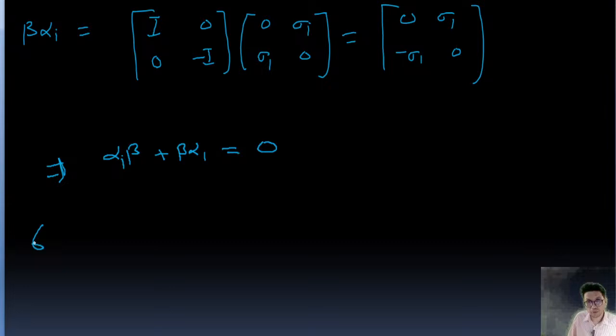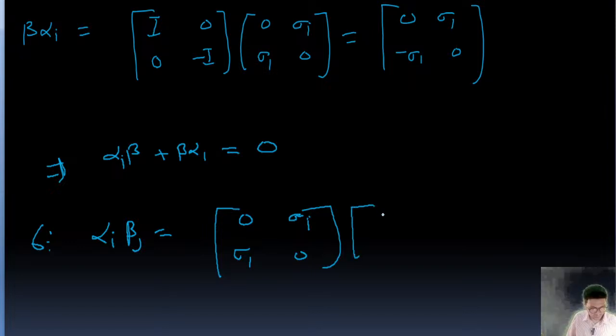Now property number 6. Property number 6 is alpha_i alpha_j. We put in the alpha_i value, the matrix 0, sigma_i, sigma_i, 0, multiplied by the matrix 0, sigma_j, sigma_j, 0, and we do the matrix multiplication, very simple.